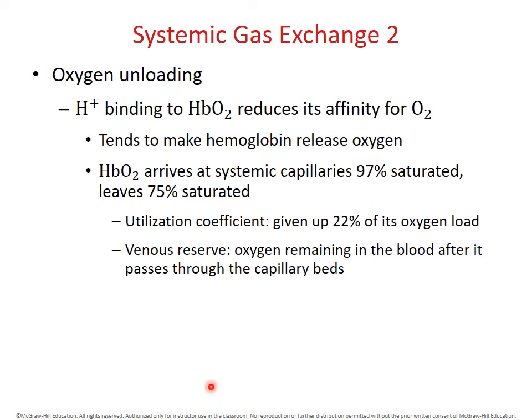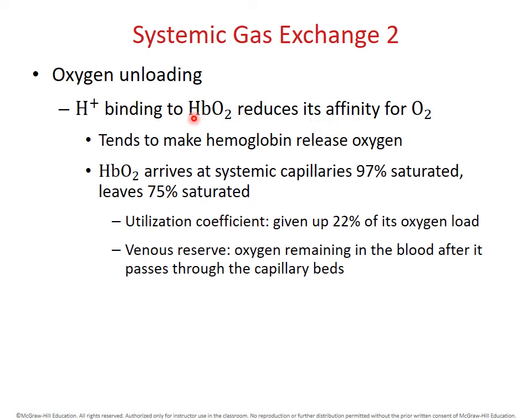All right. Now, the hydrogen ions that are initially building up also do something amazing, and that is the pH change, the acidic conditions, actually destabilize hemoglobin and reduce its affinity for oxygen.